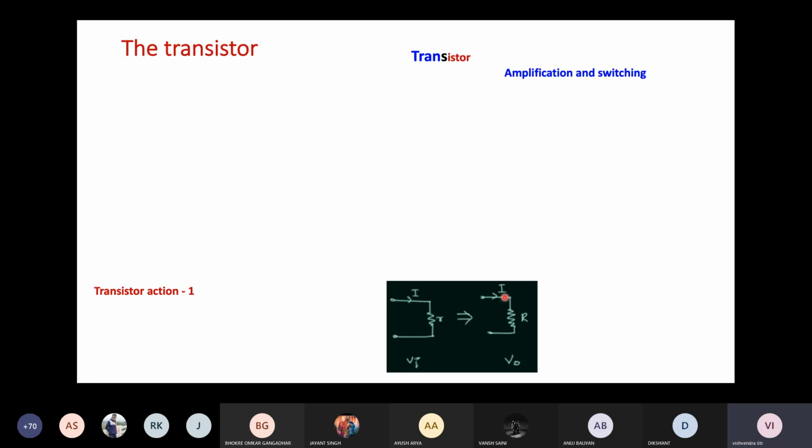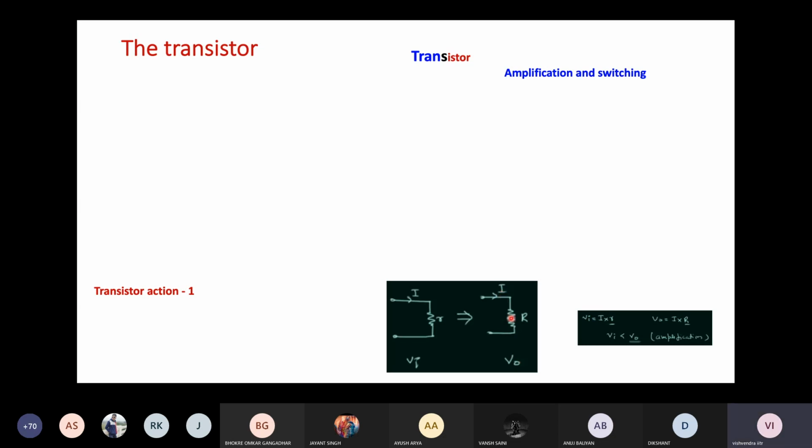So if the same current flows through a high resistance, capital R now, the voltage that we will obtain is Vout. By doing simple calculations, the input voltage is Vi, the current is I, and small r is the input resistance. So Vi is I times small r, and the output voltage is Vo.